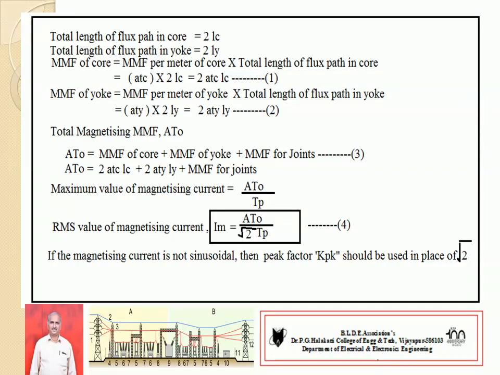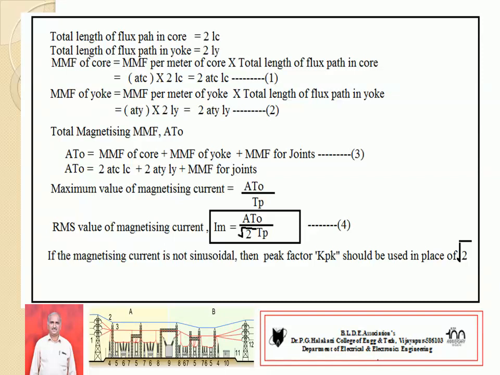Then it is possible to estimate mmf of core. MMF of core is given by mmf per meter of core times total length of flux path in core. So atc is the mmf per meter in core, total length of flux path in core is 2 times Lc, and this is equation 1.